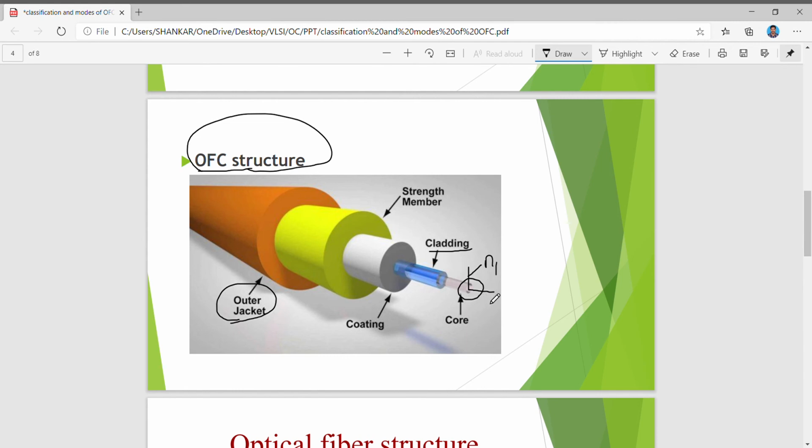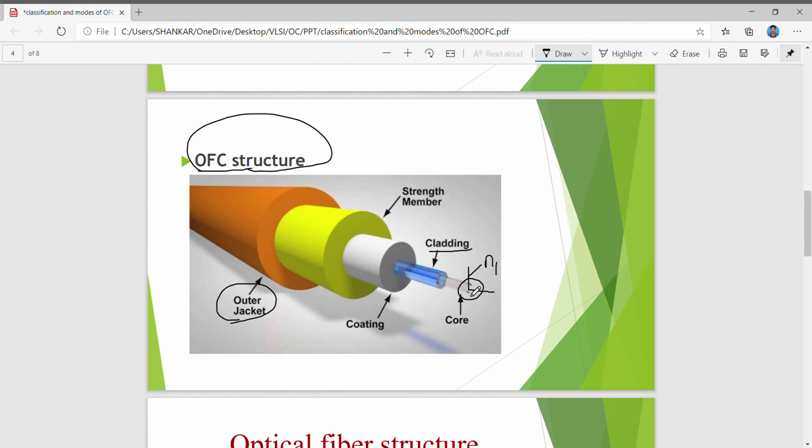Whenever the light signal is propagated inside the core, this light signal will propagate within the boundaries of the surface. This light signal travels inside the boundary of the surface, not outside of the surface. So that completely depends upon the cladding, which reduces the scattering losses.